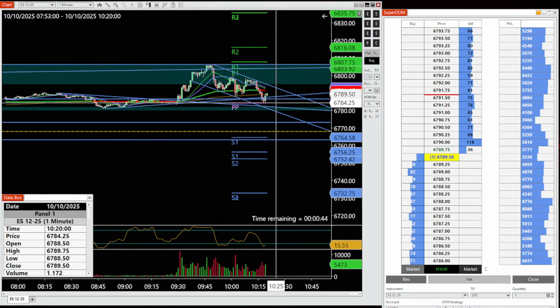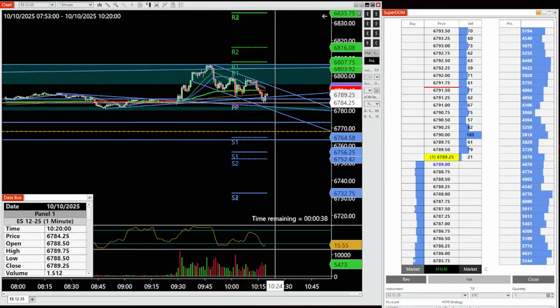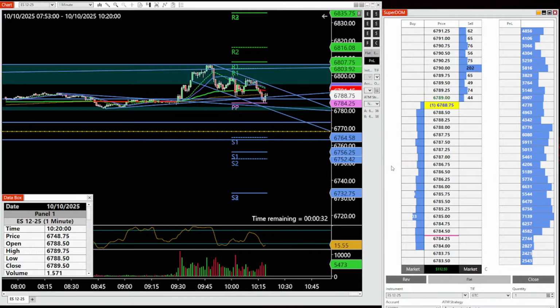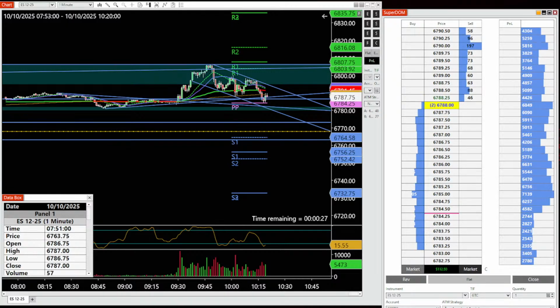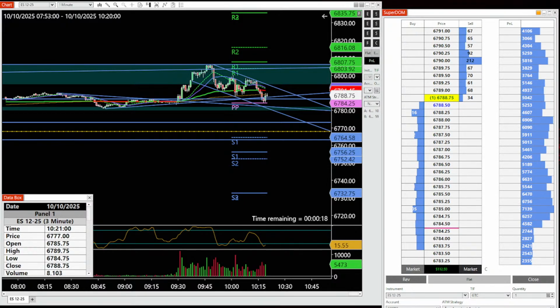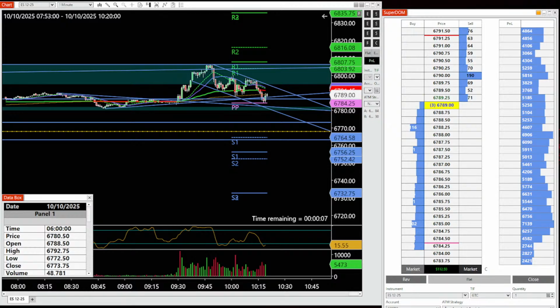Looks like a bounce off 84. Can we stay above 88.50?